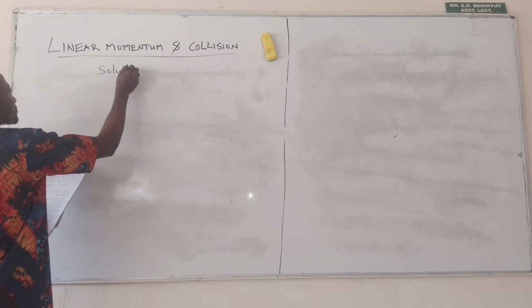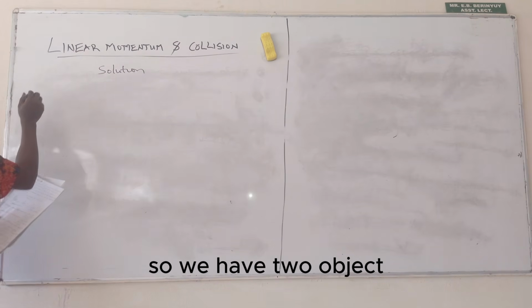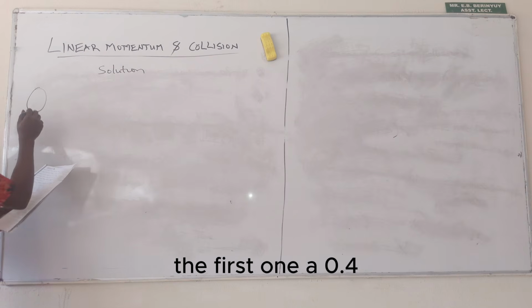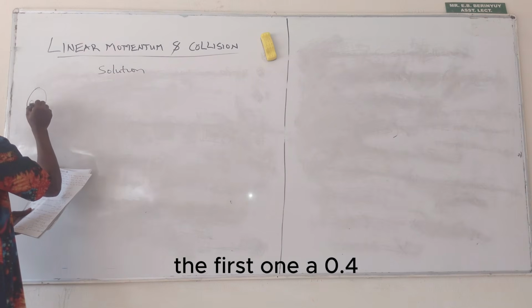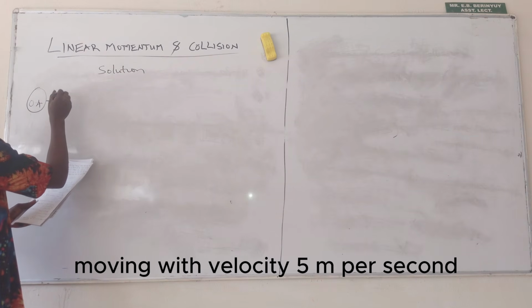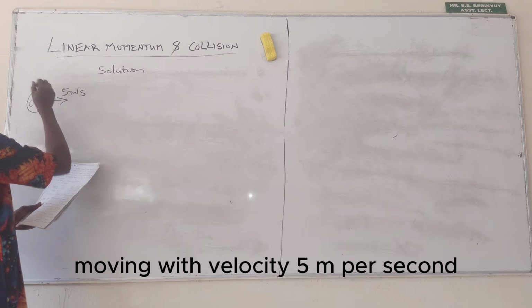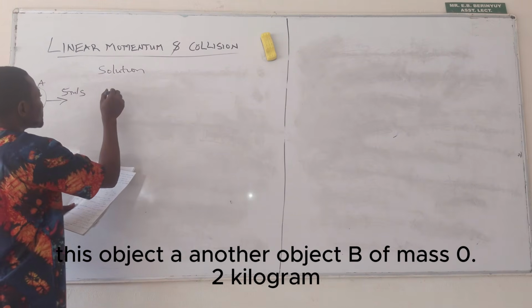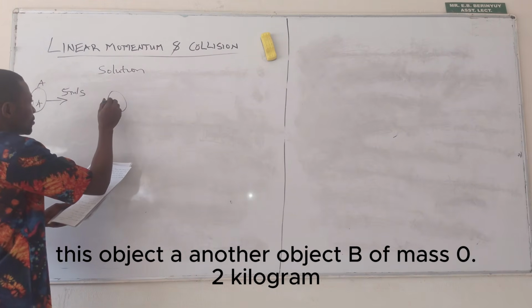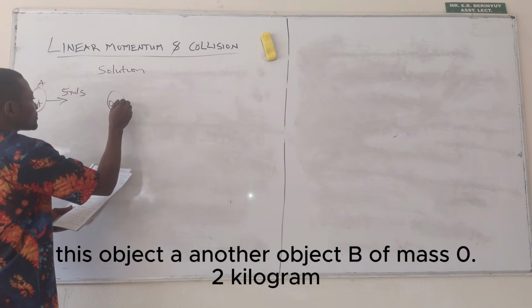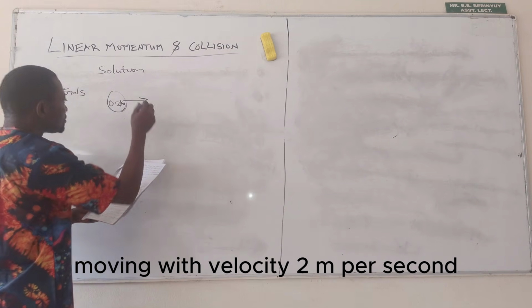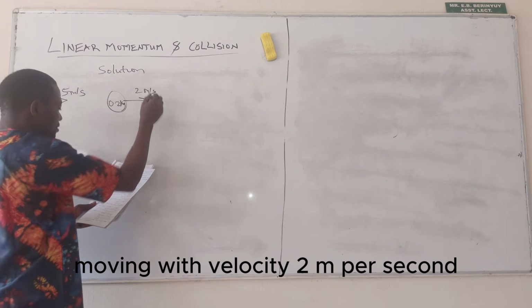Solution. So we have two objects. The first one, A, 0.4, moving with velocity 5 meters per second. This object A. Another object B of mass 0.2 kilogram, moving with velocity 2 meters per second.